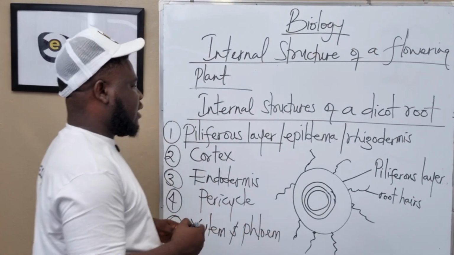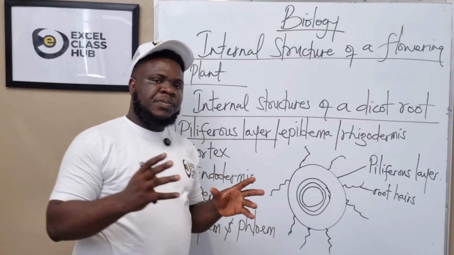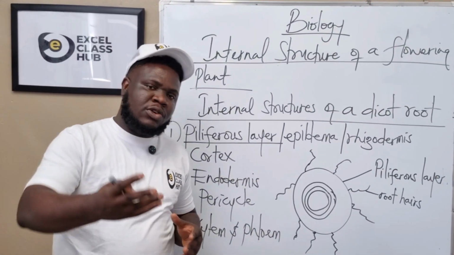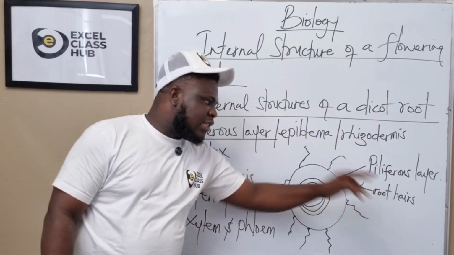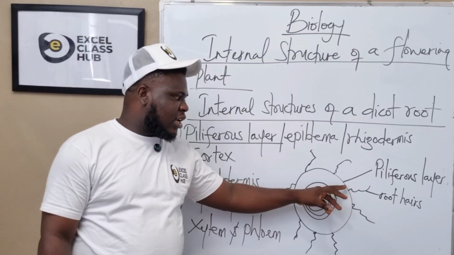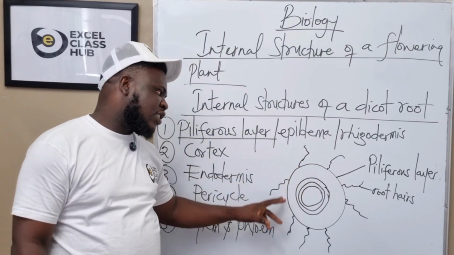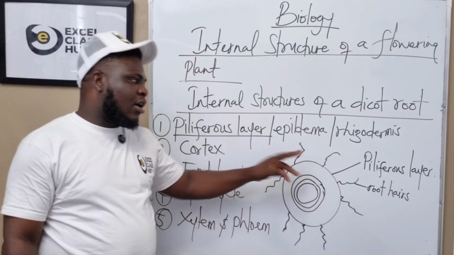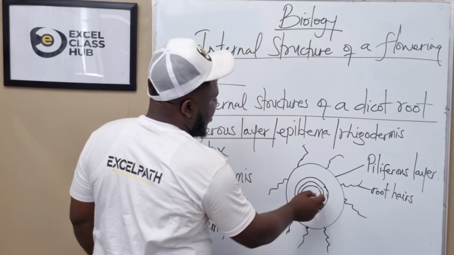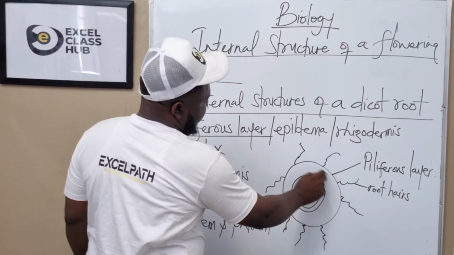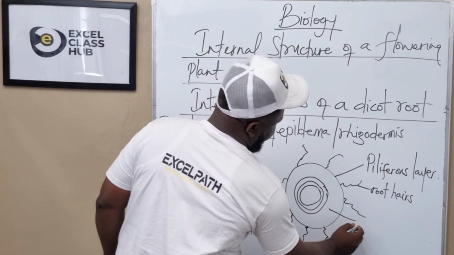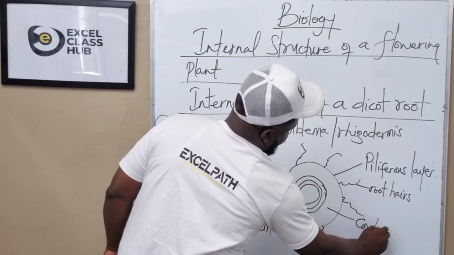So, what are we saying in essence? The piliferous layer is a single layer of rectangular cells from which the root hairs arise. Immediately after the piliferous layer, this empty space that you are seeing before the other remaining structures is the cortex.